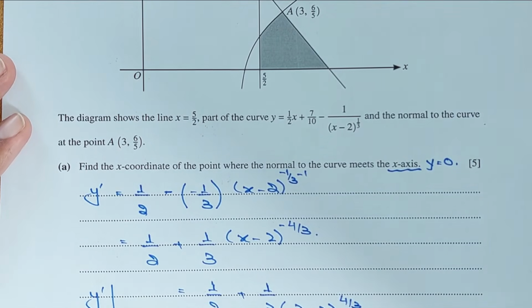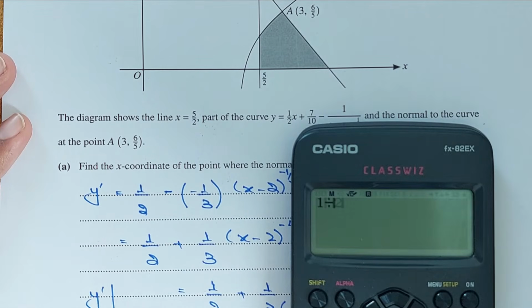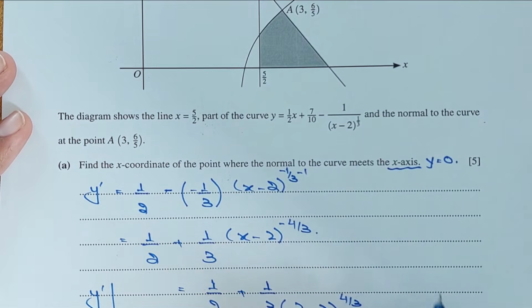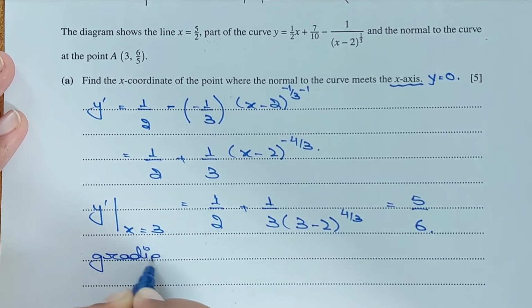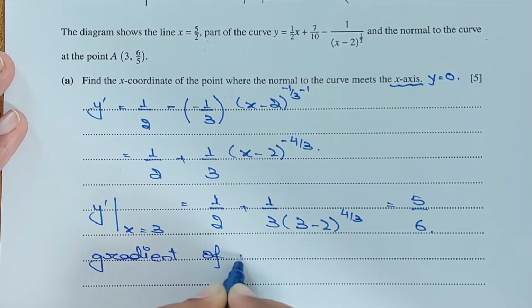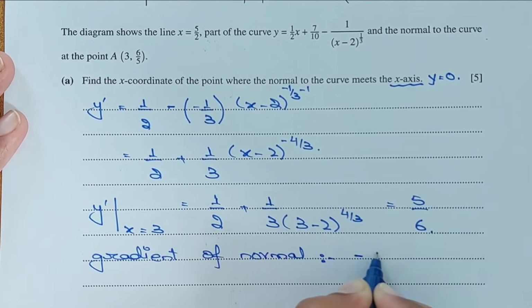Okay, 3 minus 2 is 1, and 1 to the power 4 by 3 is 1. So we have just 1 by 2 plus 1 by 3, which is 5 by 6. Okay, now what is the gradient of normal? Gradient of normal is negative reciprocal of gradient of tangent, which is negative 6 by 5, right?